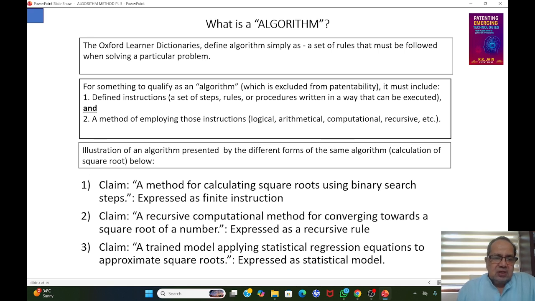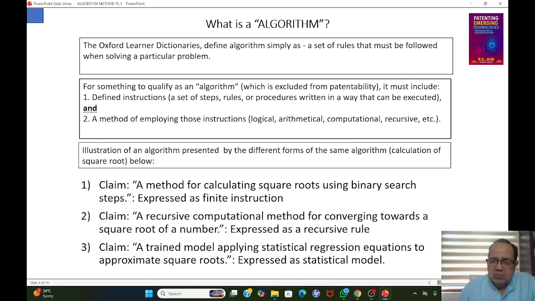One is that they must have predefined instructions, which could be in the form of a series of steps, rules or procedures, and second, those instructions must be bound by a methodology by which they can be implemented. This methodology could be logical, arithmetic, computational, or anything else. If these two conditions are satisfied, then only can these statements be qualified as an algorithm.